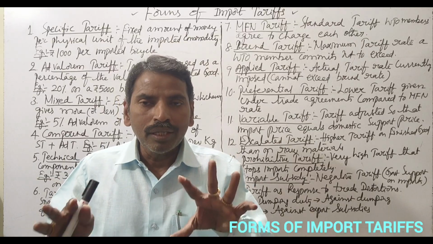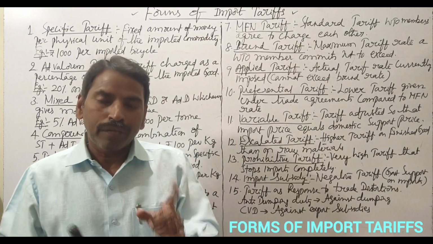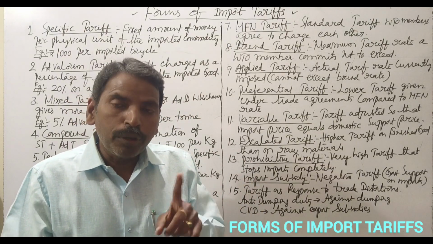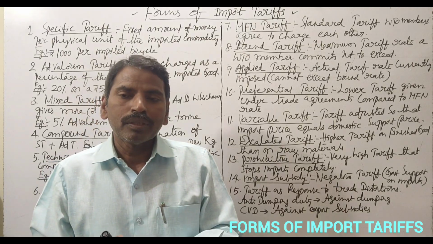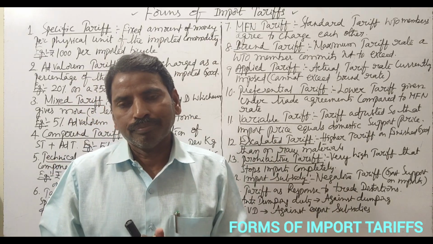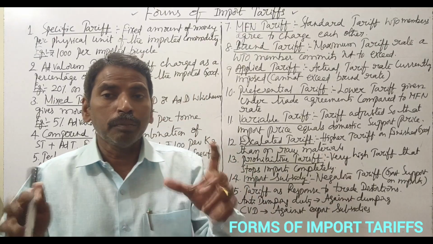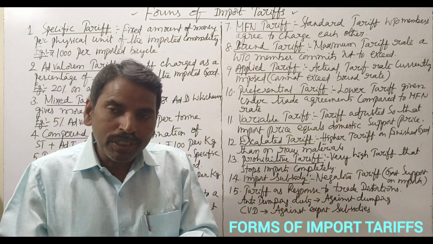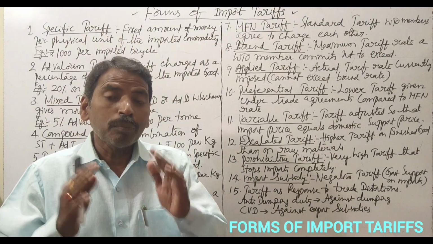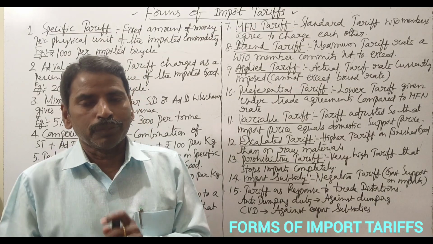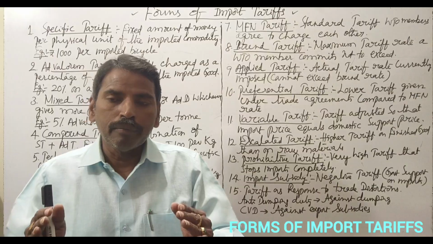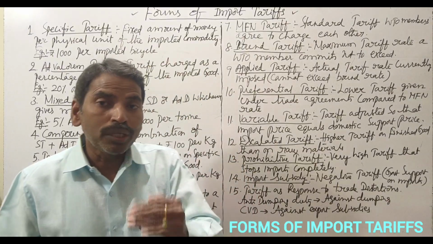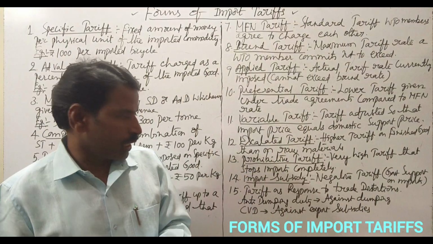For example, 4% on iron ore, 12% on steel pipes. That means higher tariff on finished goods, lower tariff on raw materials.